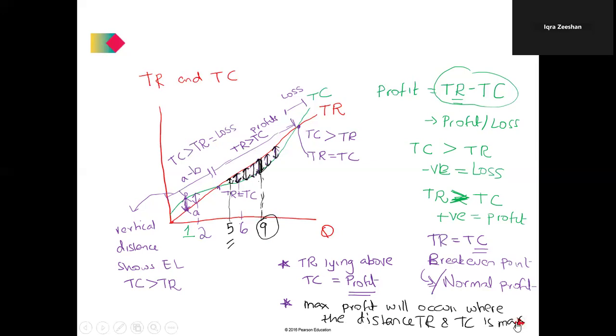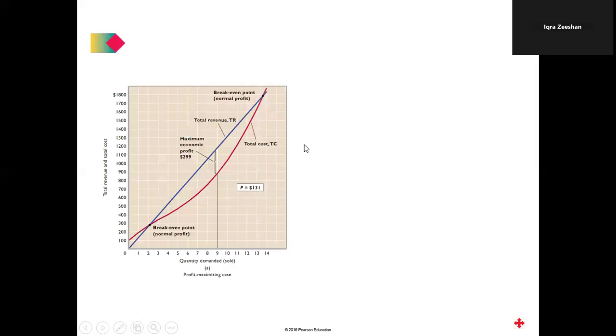Okay. Now I sketched the graph to help you explain. But if you draw according to scale, then this is the actual graph of the table example that we did in the previous video. So you can see over here, the blue line gives the total revenue line, and the red line gives the total cost line.